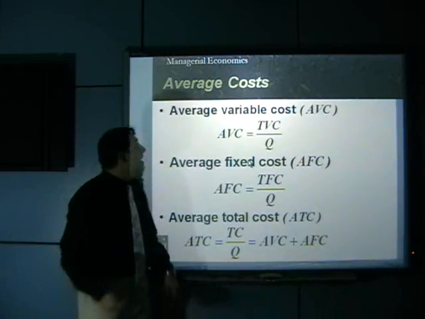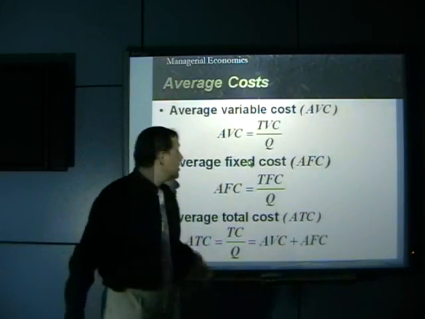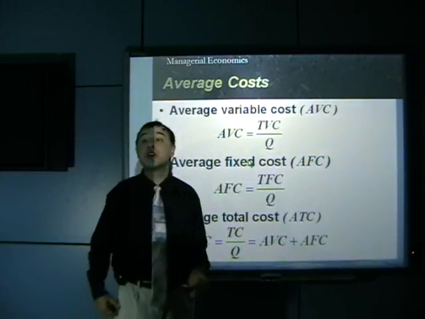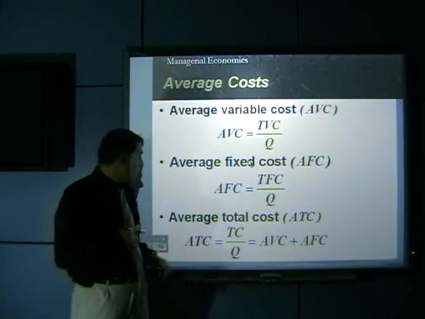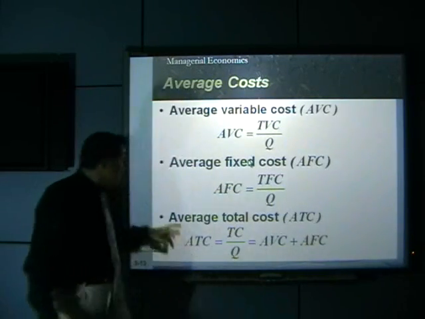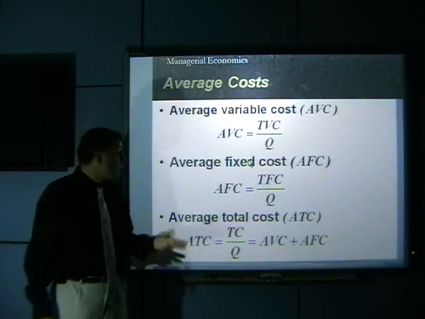So, what do we have? Average variable cost. This is what I mentioned. It's simply the total variable cost divided by the quantity. Nothing magical. The average fixed cost is the total fixed cost divided by the quantity. And the average total cost is simply the total cost divided by the quantity.